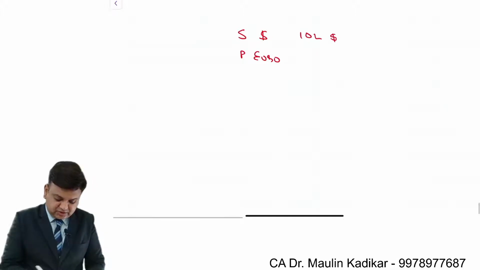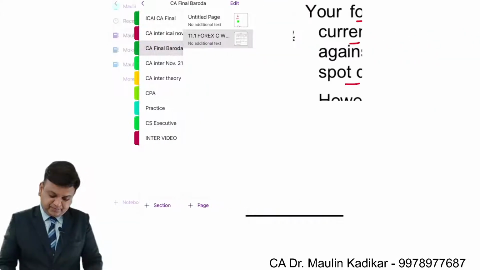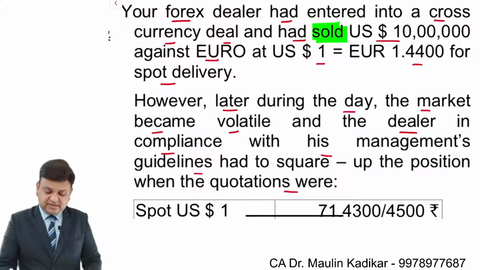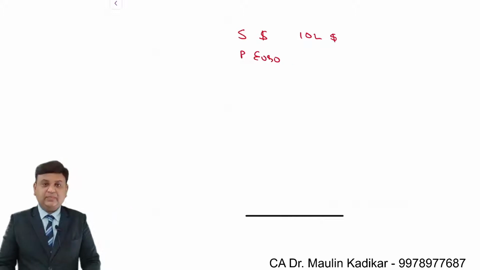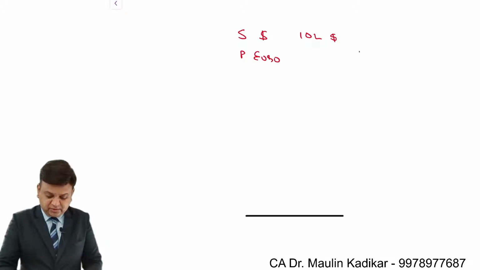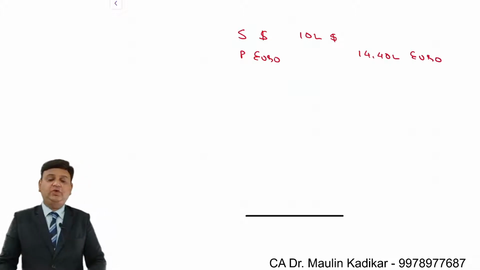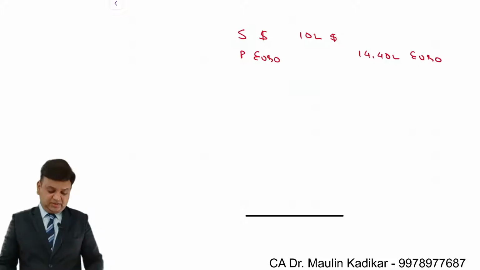Sale of 10 lakhs dollar and purchase of euro, and the exchange rate is 1.44 euro per dollar. So sale of dollar, purchase of 14,40,000 euro. This is the transaction you entered into initially.